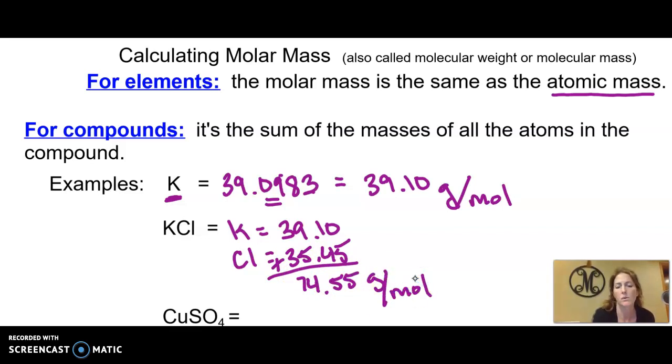This is the molar mass. 1 mole of potassium chloride will have 74.55 grams of mass.